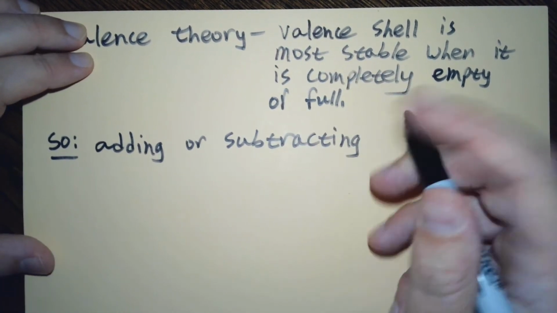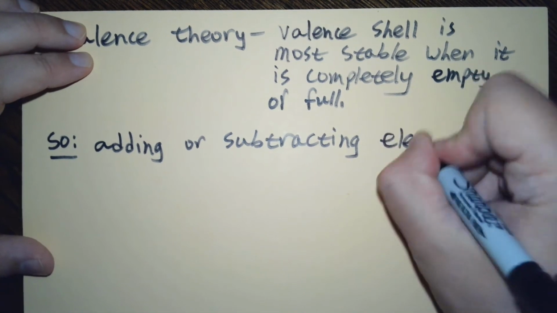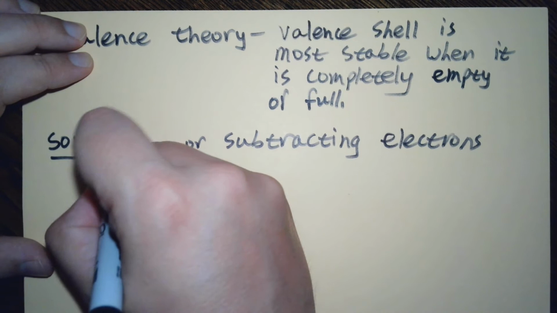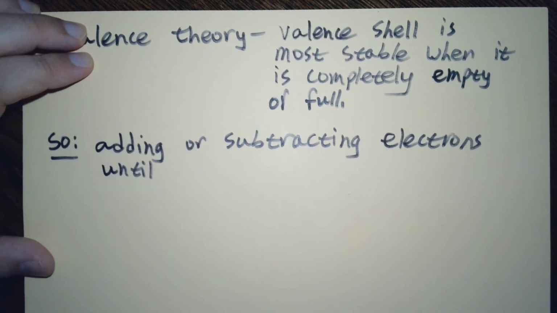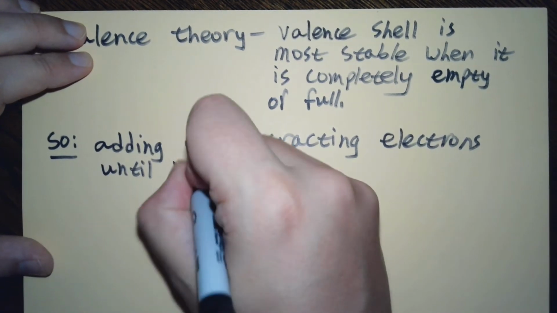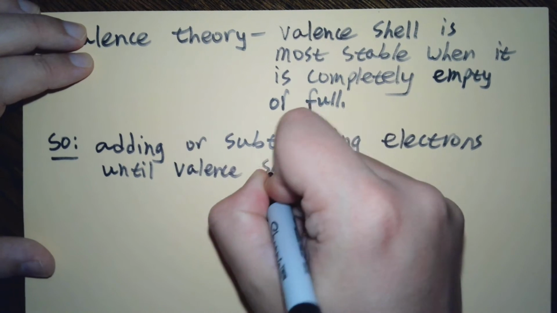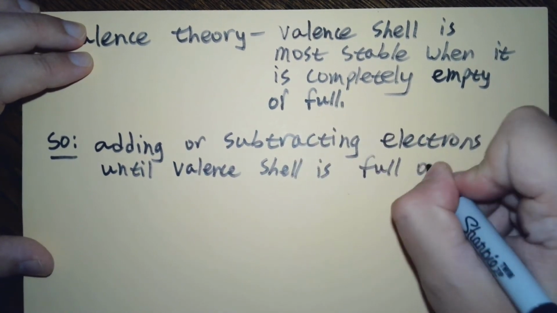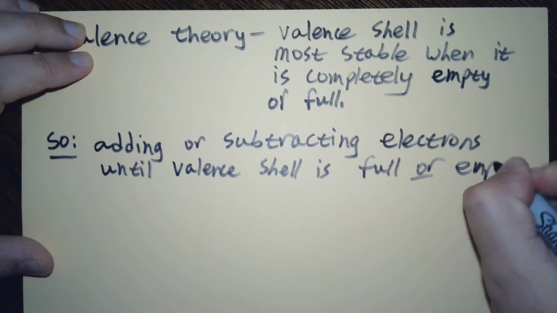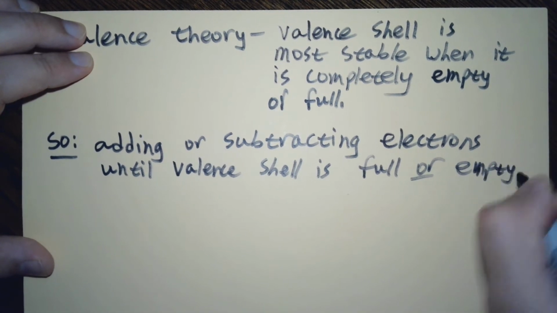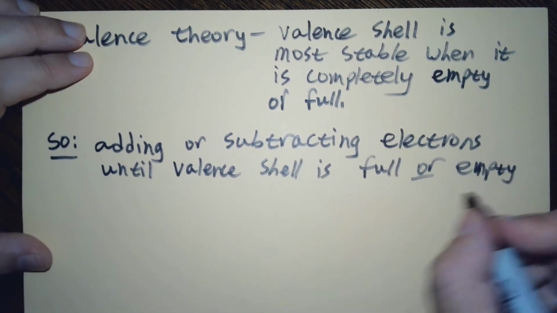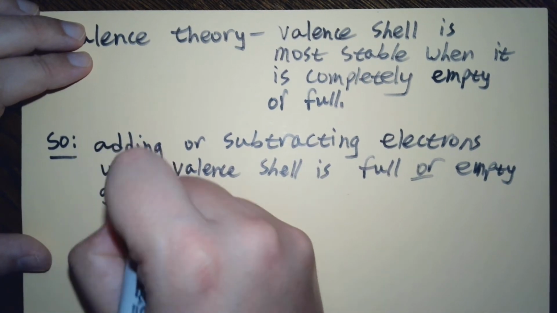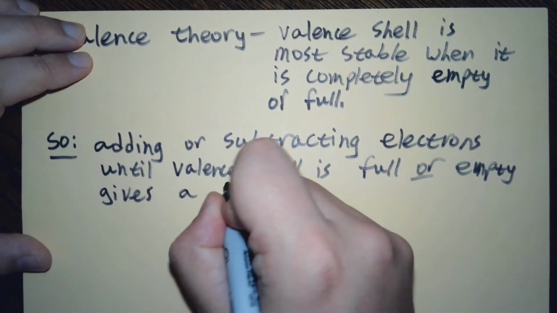I gotta get more. So adding or subtracting electrons, however many it takes, until the valence shell is full or empty, gives a stable ion.